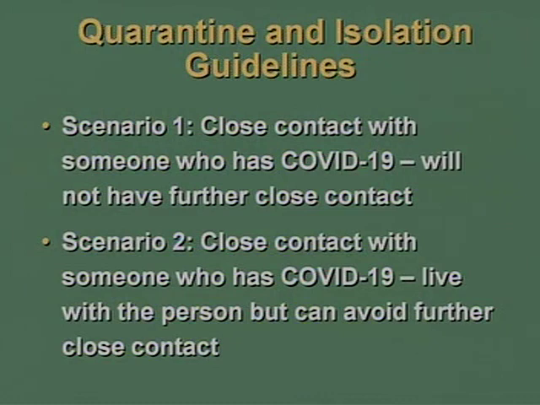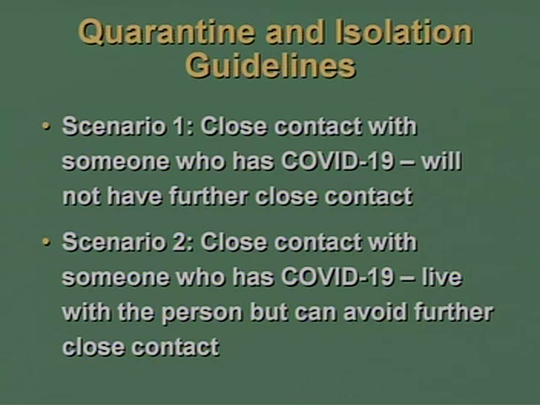The first scenario is close contact with someone who has COVID-19 but will have no further close contact. So let me read the scenario. I had close contact with someone who has COVID-19, but I will not have any further contact or interactions with the person while they are sick.